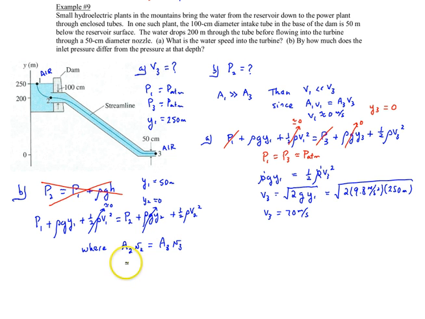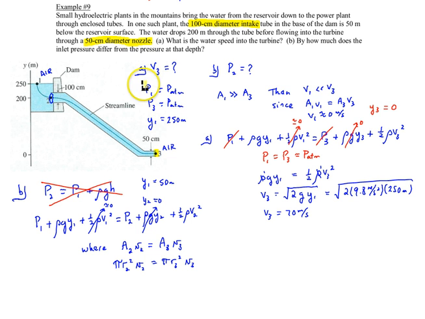Now if you remember that this is probably in the form of a circle here, so we can replace the area with pi r squared, velocity 2, and then pi r3 squared, velocity 3. And then we have to go back to that information that we have written up above, and you'll see it says the 100 centimeter diameter intake, and then we have over here a 50 centimeter diameter going through the nozzle at number 3.